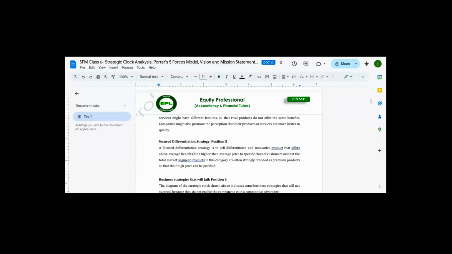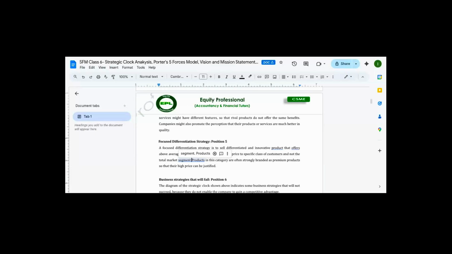And this product that offers above average benefit is not for the consumption of the entire market, but for a specific class of customers, and not the total market segment that we have. So a company differentiates its products and tailors that product to certain classes of customers.